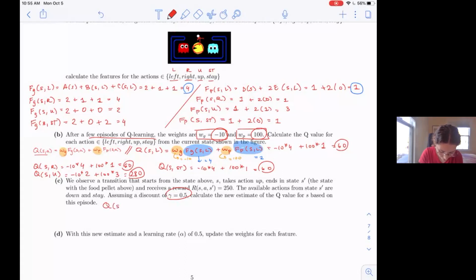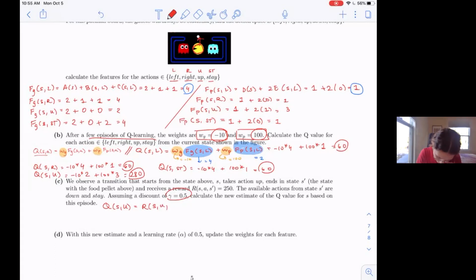So we're going to say that Q of S, A, and in this case, what is our action? Well, we already took this action up. So it's going to be S, U, and it is going to be equal to the reward that we got, so 250. Let me actually write this out here. So we have R of S, our action is up, and our S prime is going to be that next up state, plus gamma times max over A prime of Q of S prime, A prime.